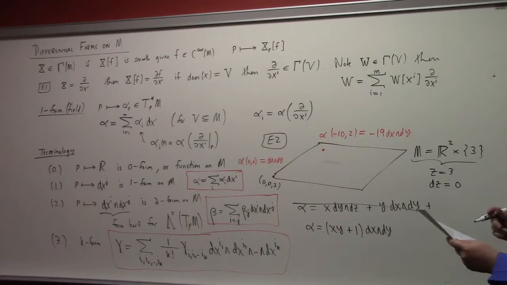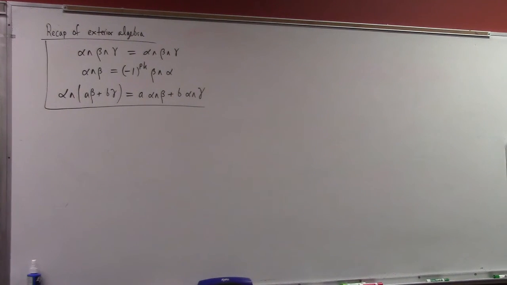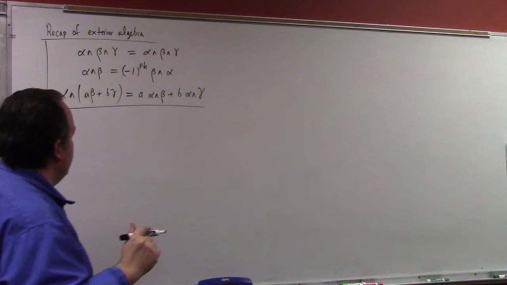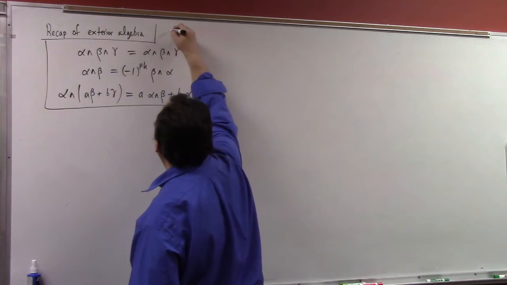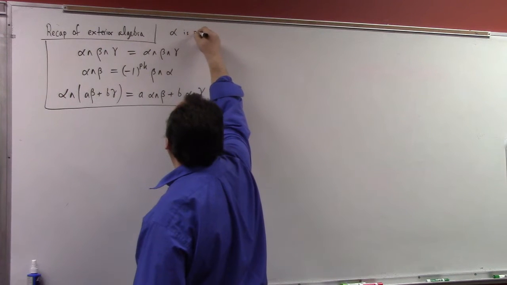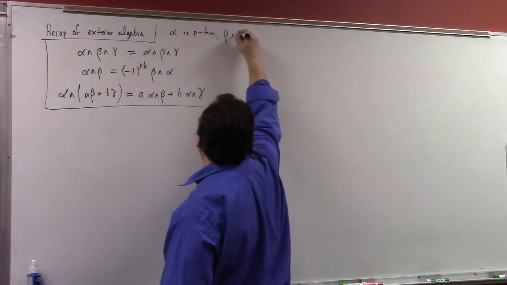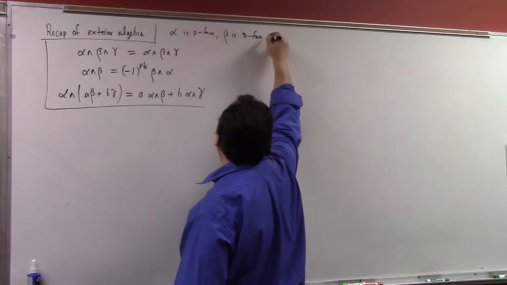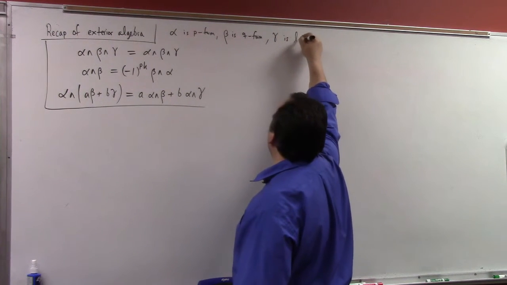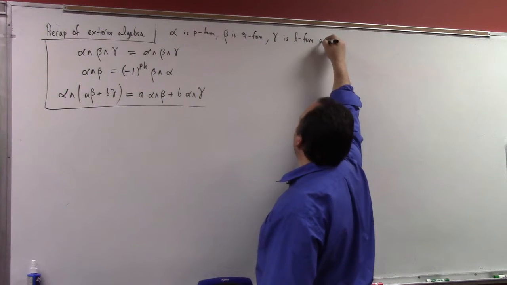So here I'm assuming that alpha is a p form, beta is a q form, and gamma is an L form on the manifold M.